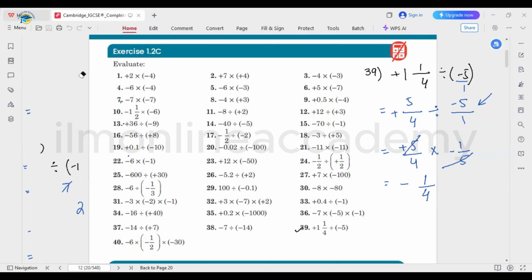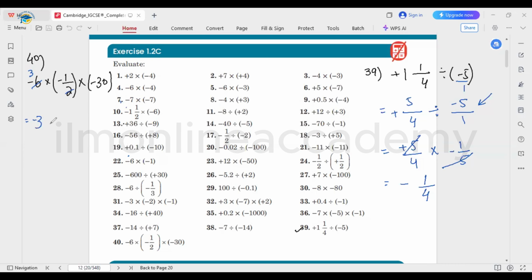Now the last part, they gave us the multiplication, one with a fraction and the other as a whole number. Let's see how we can solve this. We have -6 times -1/2 and times -30. First we can cancel, 3 times 6, so cancellation is possible.